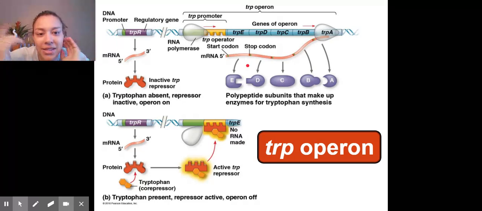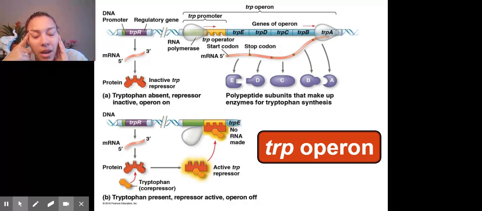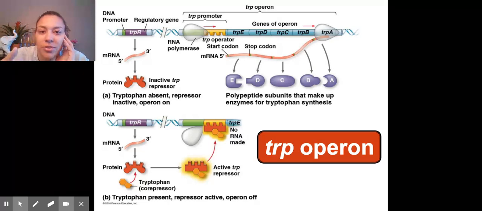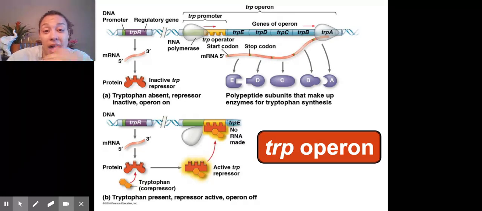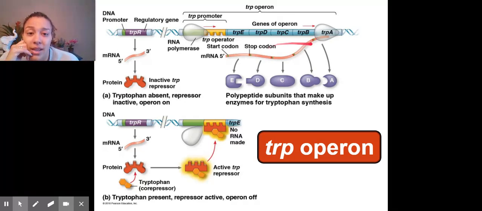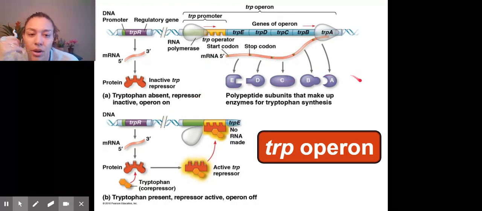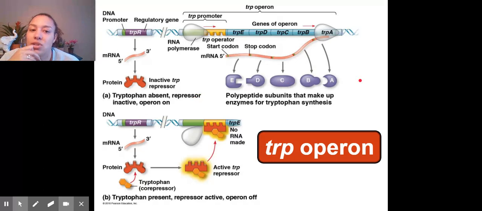Normally, we don't have mass amounts of tryptophan in our system. And so we have this tryptophan operon that's creating it in order to be used within our system at a normal rate and a normal amount. Okay. And so it's going to be active. We can see that transcription is happening here and translation is happening down below, right? So it's creating that tryptophan.